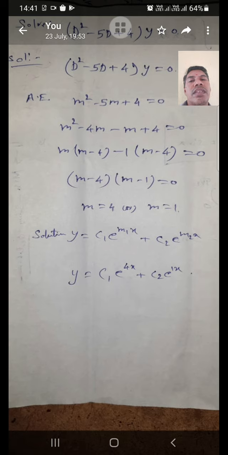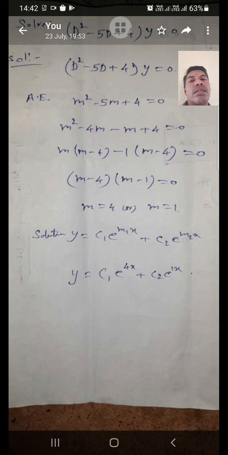If you know factorization, then according to the factorization we can find the roots. That is, minus 5m we can write as minus 4m minus m. Before doing that, first think of the first and last terms: 4 and m square we have to multiply, so 4m square. For the 4, the factors are 4 into 1.